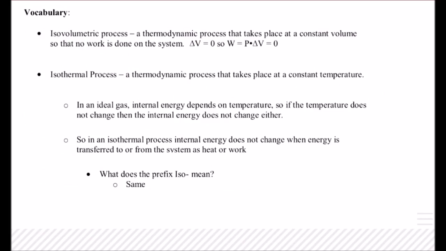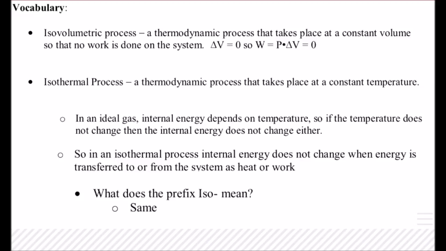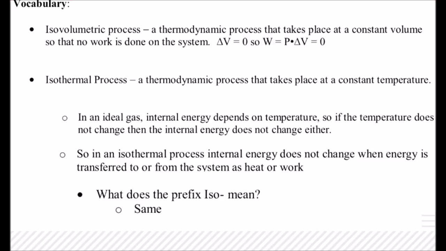Okay, well, some vocabulary. Write that down, please. All right, ISO means the same, okay? So all of these things are talking about what is staying the same in the process.